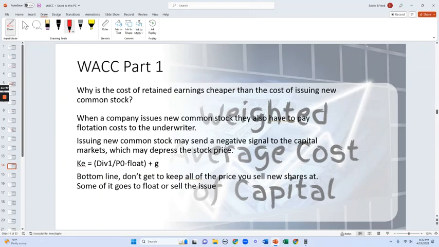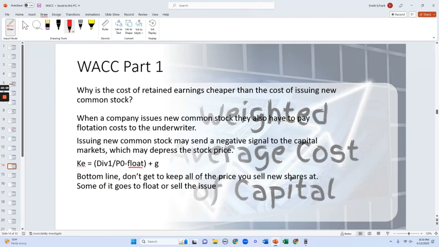So why is the cost of retained earnings cheaper than the cost of issuing new stock? In other words, we talk about K sub E, but the reality is, if we have to issue more stock, we don't get to keep the entire price that we sell it for. So you have to pay an underwriter to issue those shares, and the cost of that is called flotation.